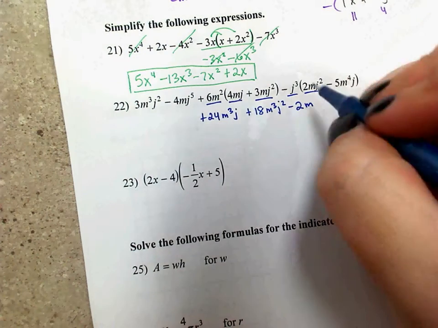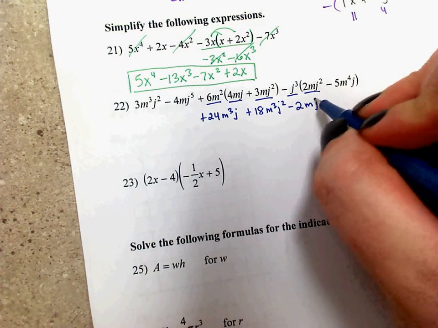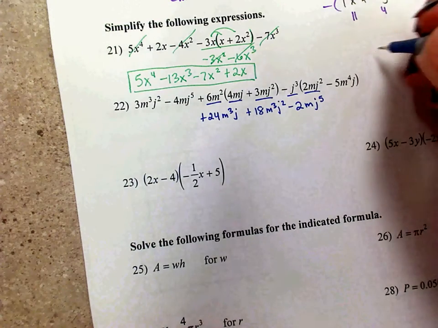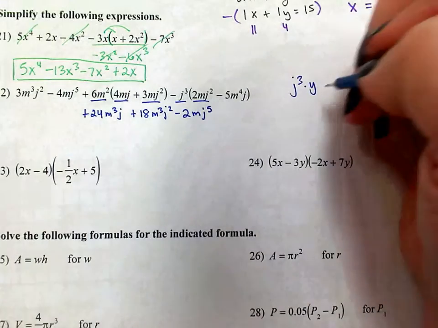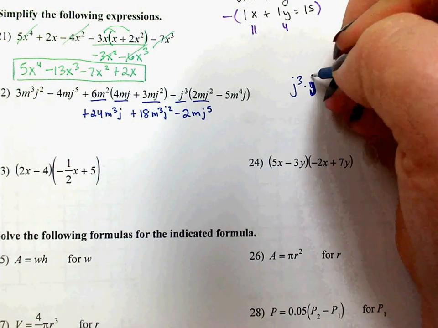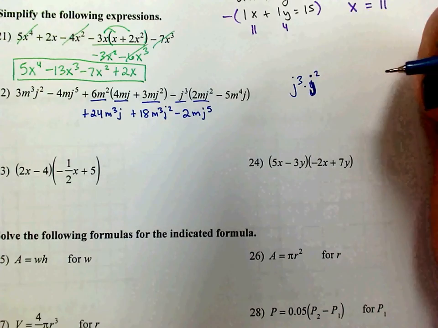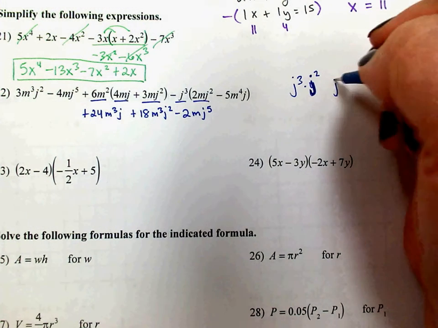J cubed times j squared is j times j times j. J cubed, j squared adds up to j to the 5th. So you just add the powers.